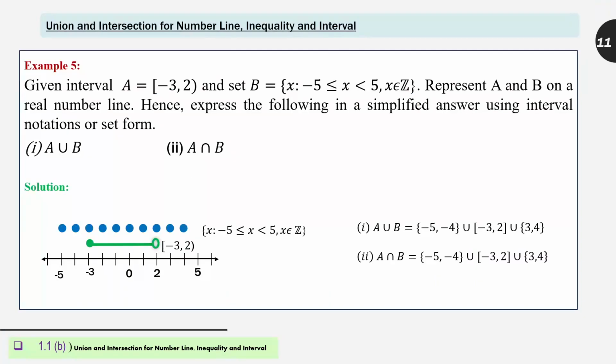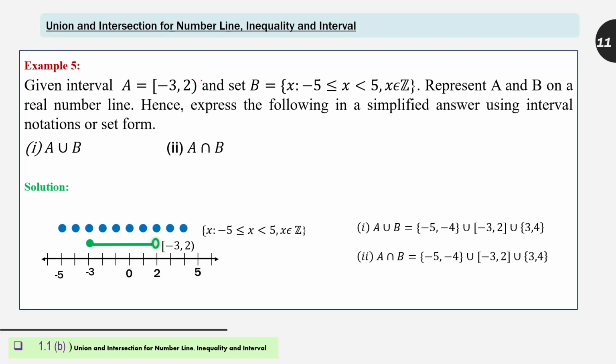And then example 5, given the interval from -3 to 2 as set A, and your set B is -5 until 5, but in this set B, your x is an integer. If the question didn't tell you anything, we can assume it is a real number.